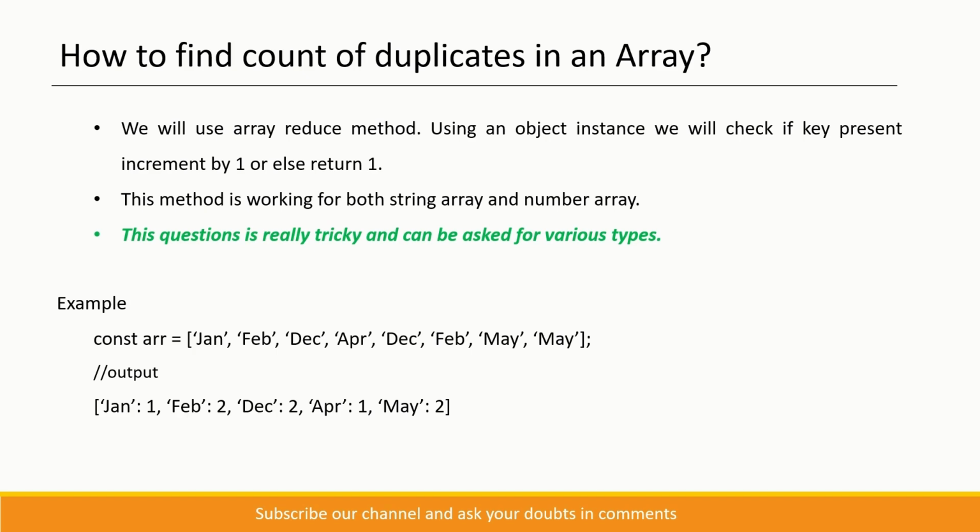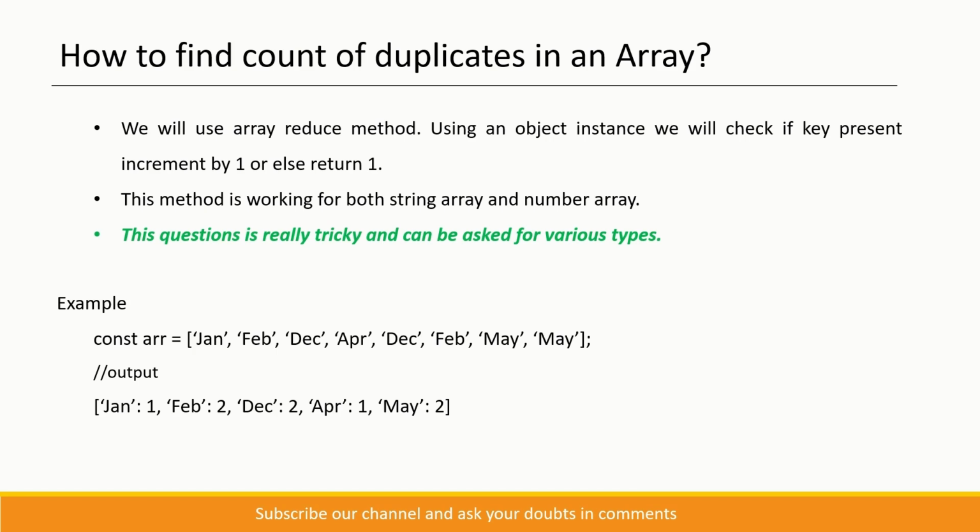This is a really tricky question, and it can be asked in various forms in interviews. Below is one example. Here const array is equal to some string values, like Jan, February, December, and so on. For the final output, we want to know how many times each string value is present inside that particular array.